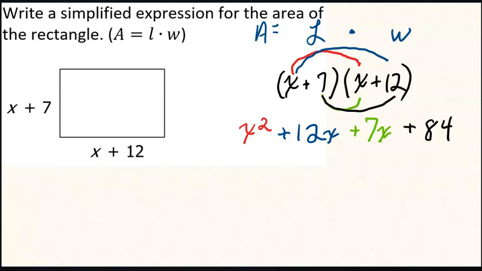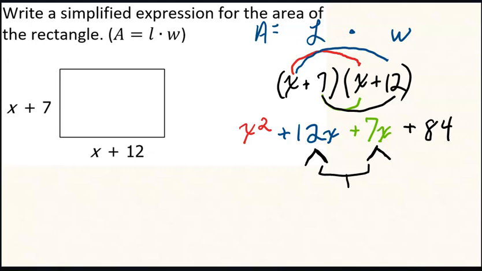From here, I have to apply the rules I applied before. So I have to identify my like terms, which I only have 2 here, and I'm going to combine those. This 7x is to the first power, and that 12x is to the first power, so those two combine. X squared has no friends here, and 84 has no friends, so they just come down.